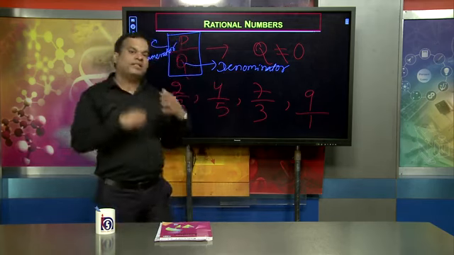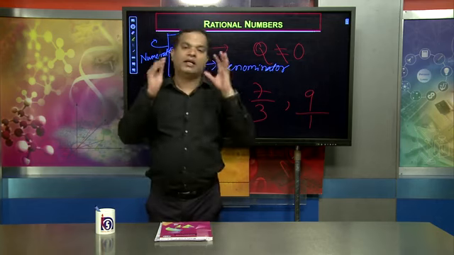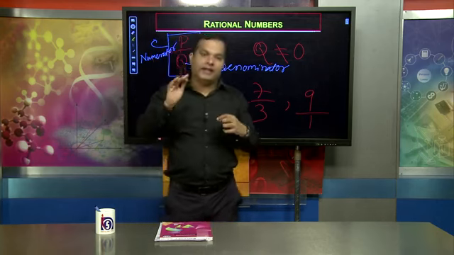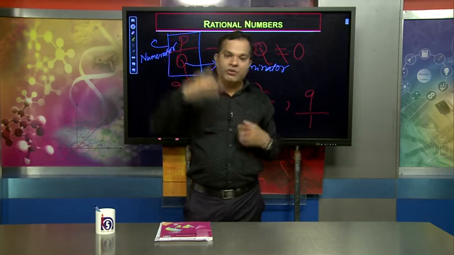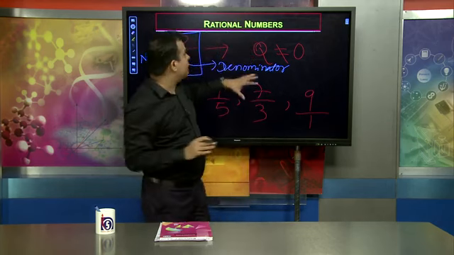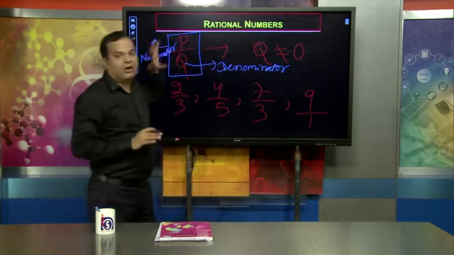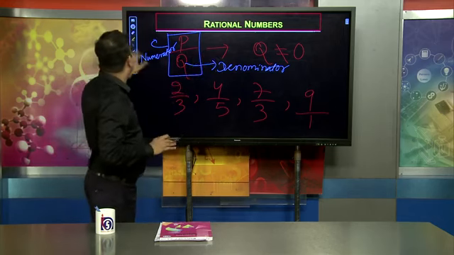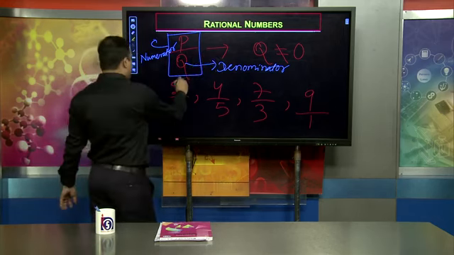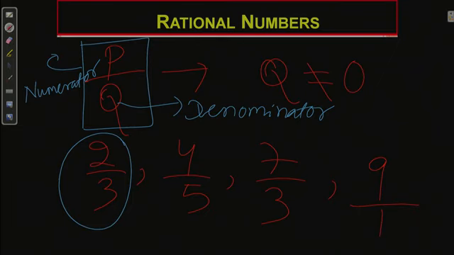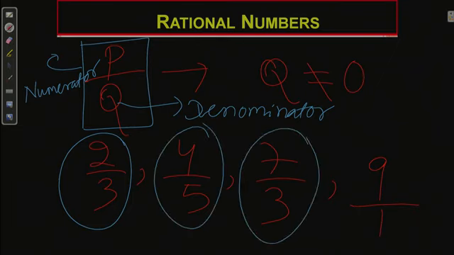So a number in the form of P by Q with Q not equal to 0, where P is the numerator and Q is the denominator, is the standard form of the rational number. For example, 2 by 3 is a rational number, 4 by 5 is a rational number, 7 by 3 is also a rational number.